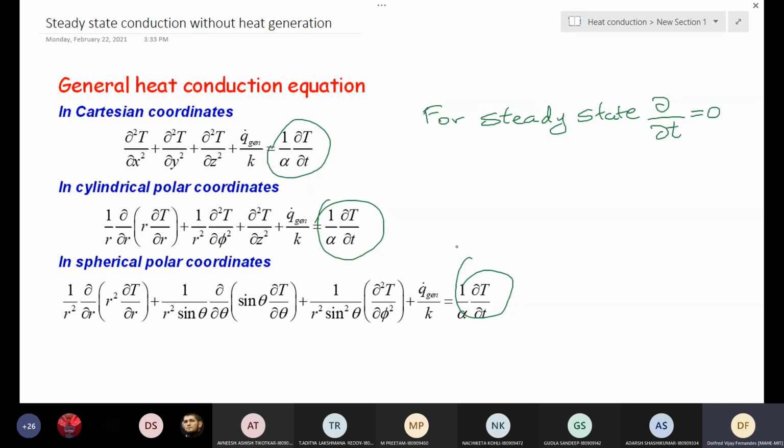For example, consider a wall which is heated on one side using some heat source. It can be sunlight, or burning some fuel like in a furnace wall.